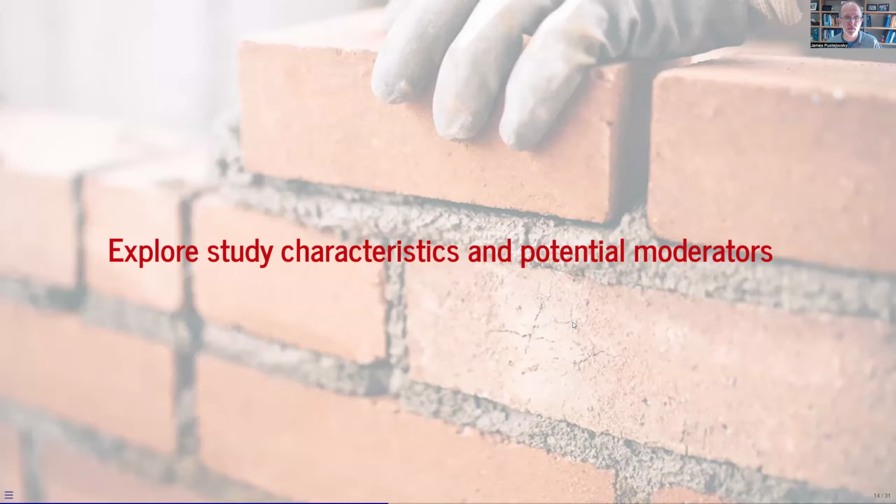Stage two, looking at study characteristics, just descriptive characteristics of the included studies. Many times those descriptive characteristics serve as the basis for moderation analysis. So I think of study characteristics and potential moderators as the same category of variables.